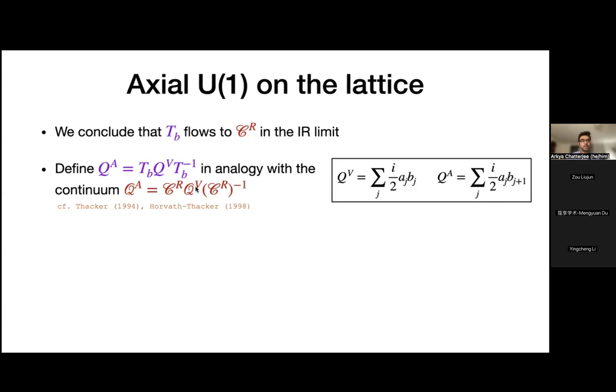And this QA was discussed in a couple of papers from the 90s and they derived it by connecting it to some integrability literature. We give a slightly different derivation, but in the end, the charge is exactly the same.